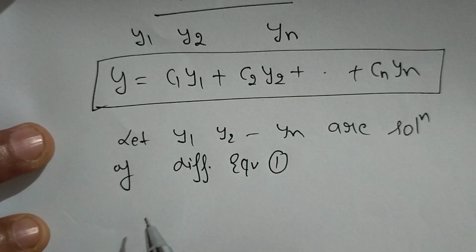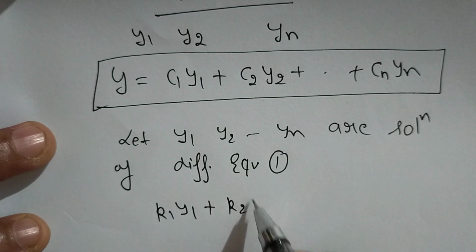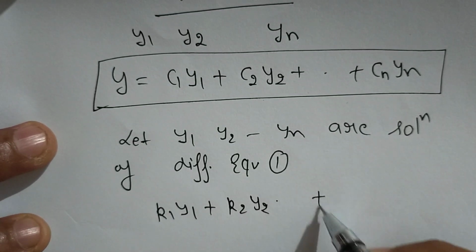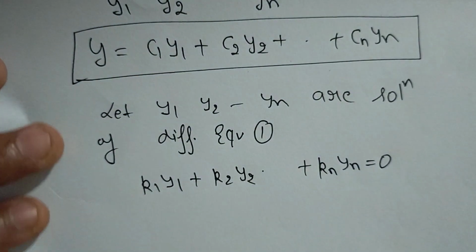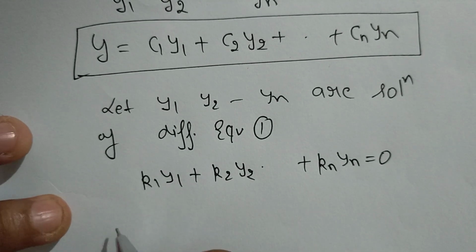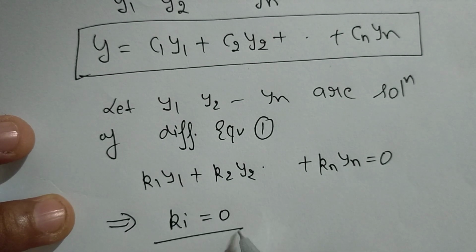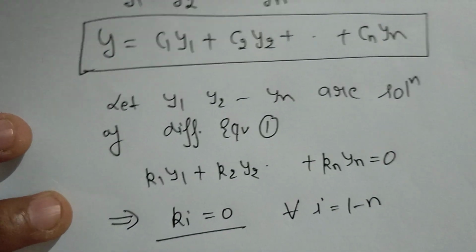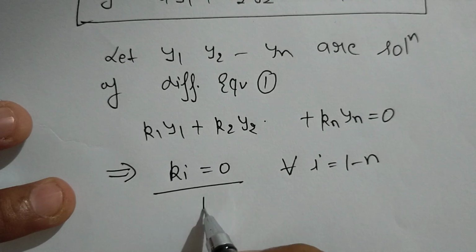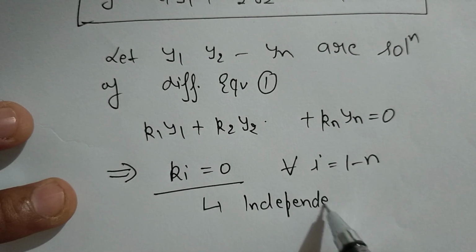Then if you write k1 y1 plus k2 y2 plus kn yn equal to 0, and if this implies all ki equal to 0 for all i varying from 1 to n, then we say they are independent solutions.